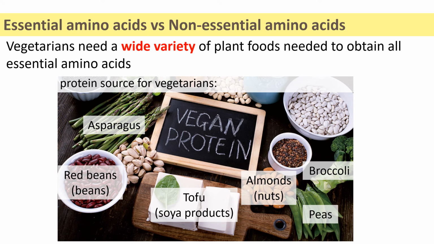So if you can take in a wide range of different types, different plant foods can compensate each other, and eventually the whole diet can give you a complete source of proteins. Say that again: each plant food may miss one or more types of essential amino acids, but if you eat many different types, the diet as a whole can provide all the essential amino acids.